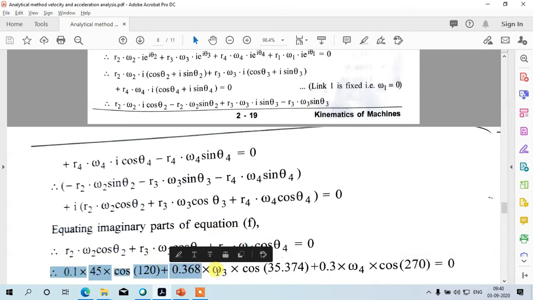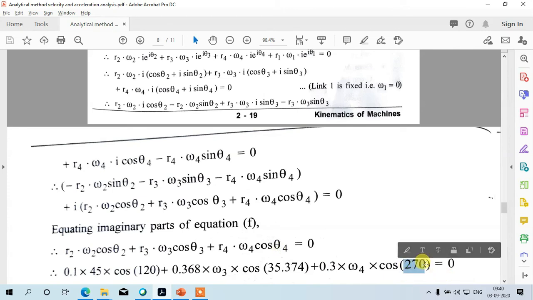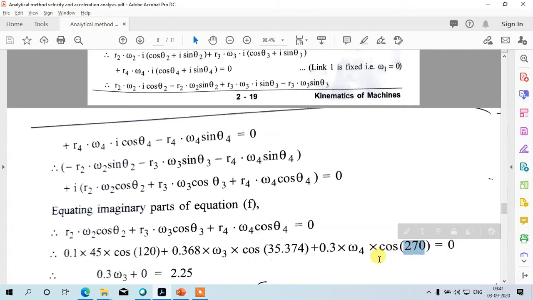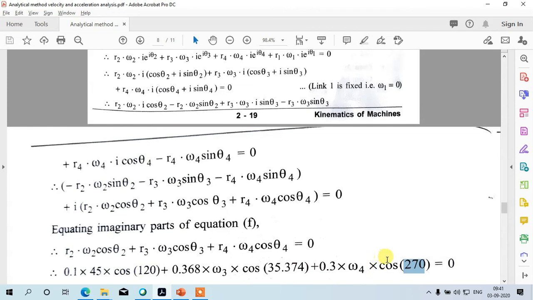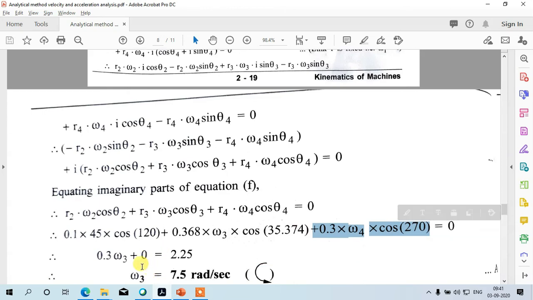Now if you see omega 4, theta 4 is 270 degrees, and cos 270 is 0, so the omega 4 term becomes 0 because it is multiplied by 0. So we get omega 3 is equal to 7.5 radian per second.